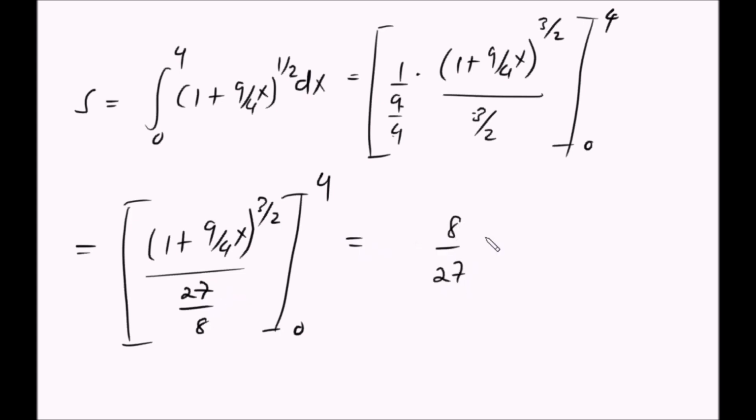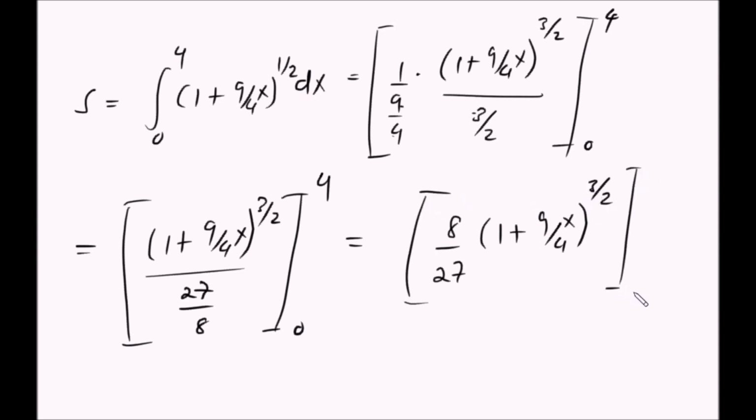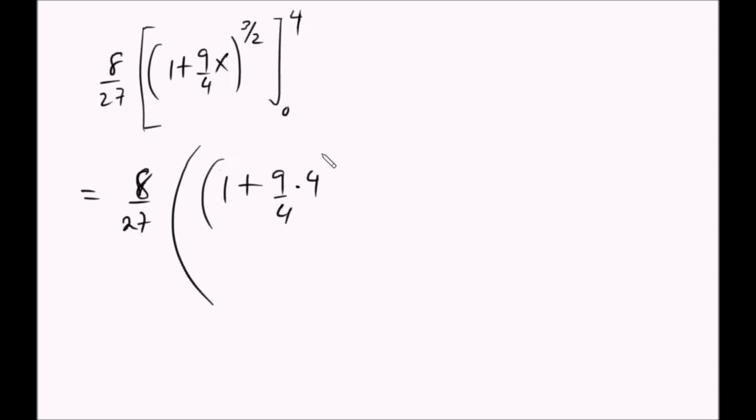So we can write this as 8 over 27, 1 plus 9 over 4x power 3 over 2, from 0 to 4. 8 over 27 is a constant, so I can take it outside. Now that I have reached here, I can insert the limits of integration. So it will be 8 over 27 in brackets: 1 plus 9 over 4 times 4, power 3 over 2, minus 1 plus 9 over 4 times 0, where 0 is the lower limit, power 3 over 2.